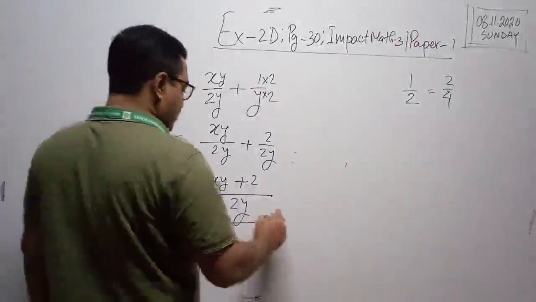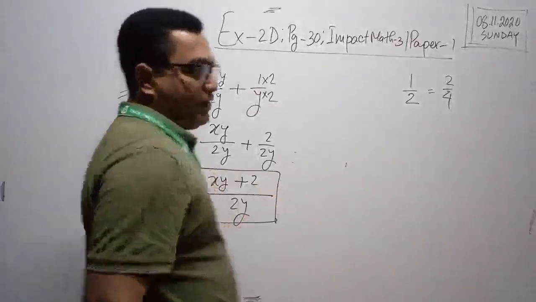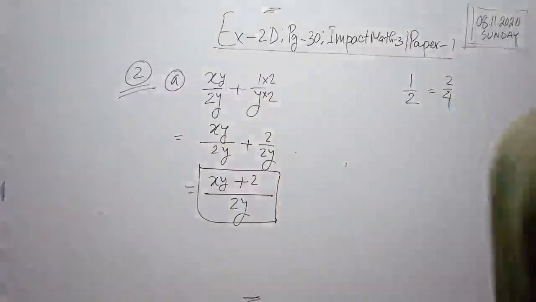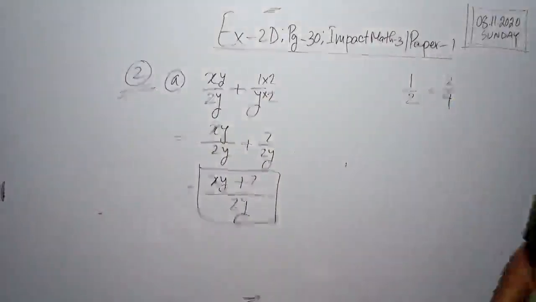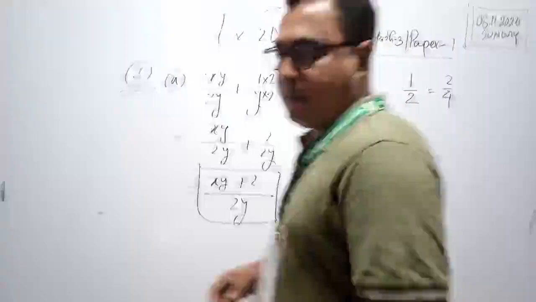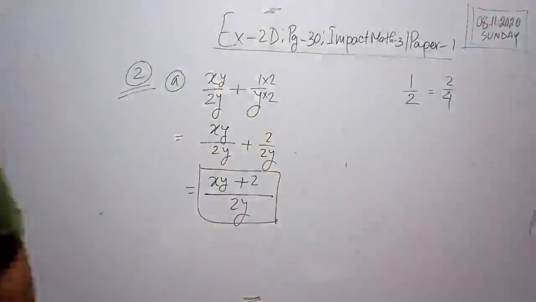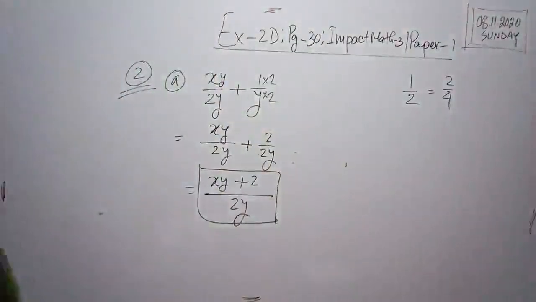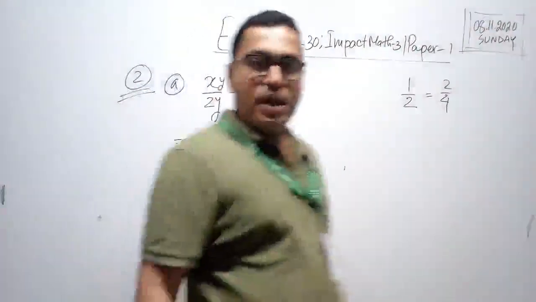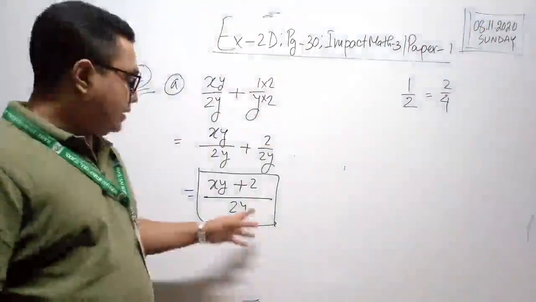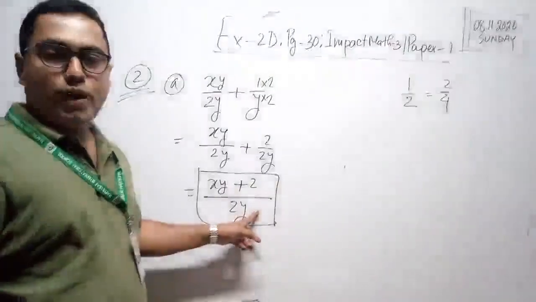So this is our simplification. That means we are making a single fraction where the numerator is xy plus 2 and the denominator is 2y.